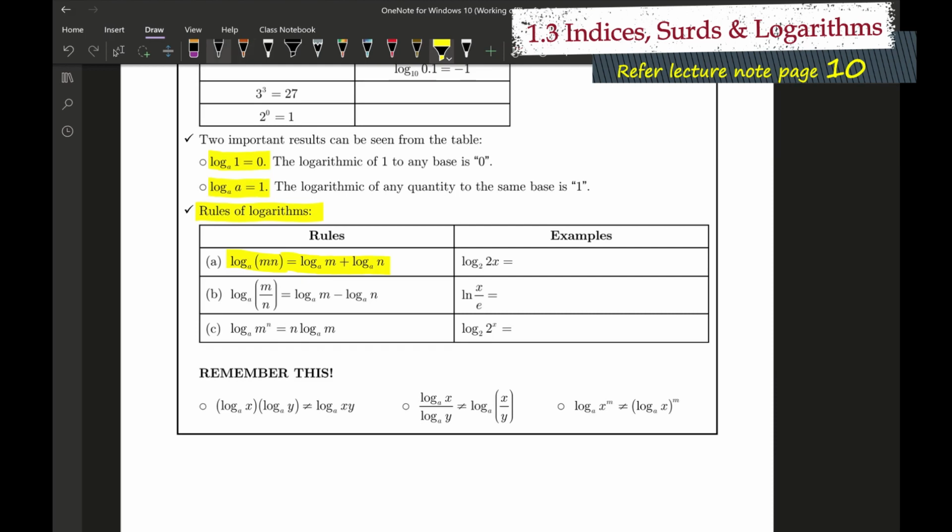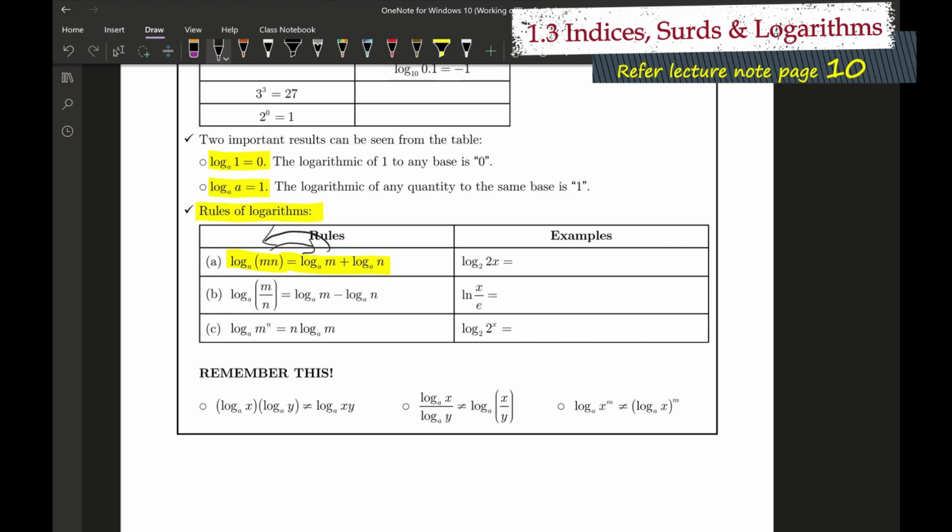So for example, here log 2x. 2x is a multiplication of 2 multiplied by x, right? So when we use this law, it can be written vice versa, either left becoming right or right becoming left.